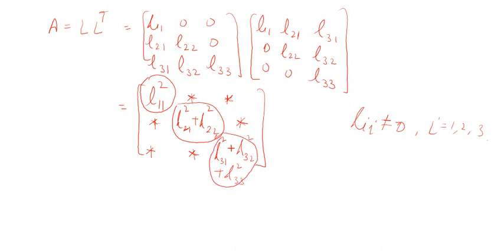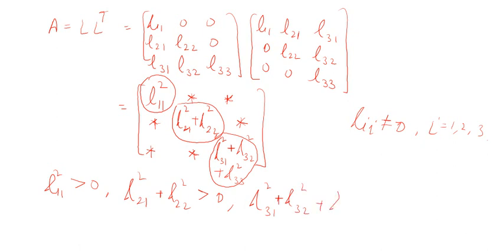Okay, so if you look at here, it's very clear that L11 square is strictly greater than 0. L21 square plus L22 square is strictly greater than 0. L31 square plus L32 square plus L33 square is strictly greater than 0.